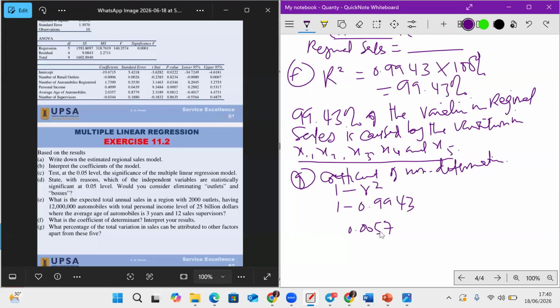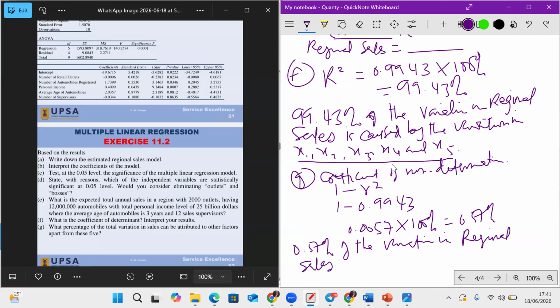Yes, that's correct. So you multiply this by what? 100%. What do you have? 0.57. So we say that 0.57% of the variation in regional sales, right?